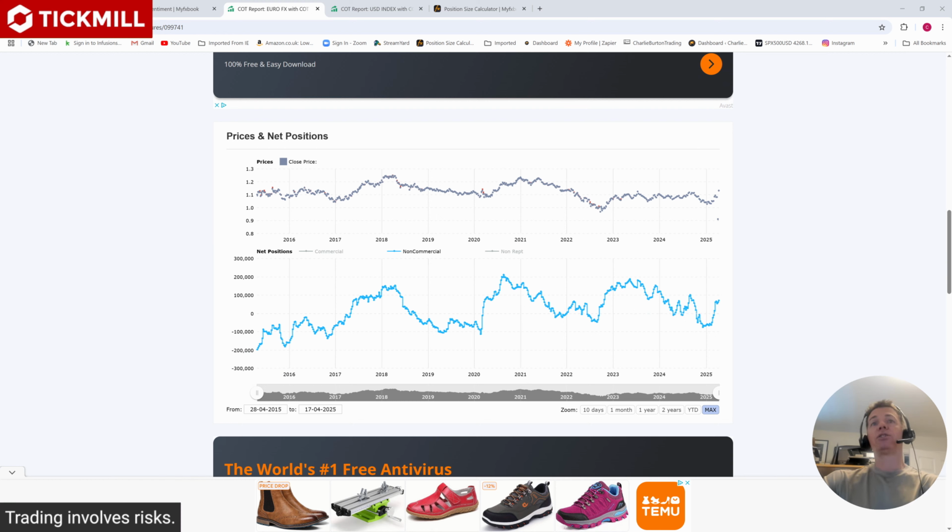I do look at divergences with regards to positioning and the market itself as well. So sometimes when the hedge fund managers, the large speculators in the commitment of traders reports, are doing something which is very obviously different to what the market is doing, then I'll look at that as well.